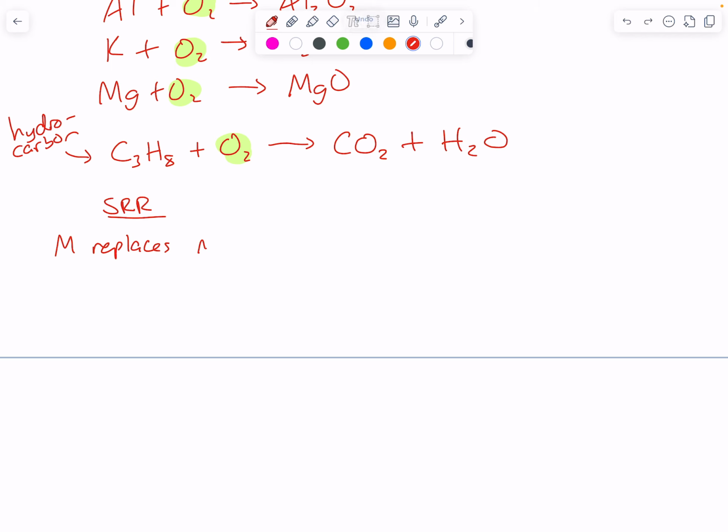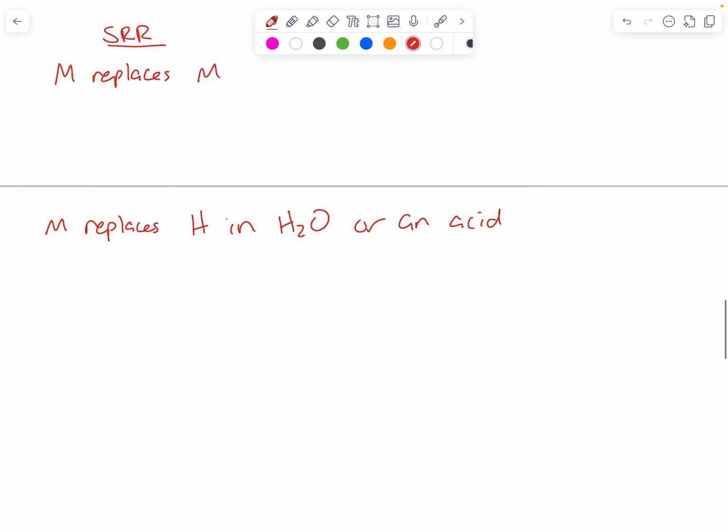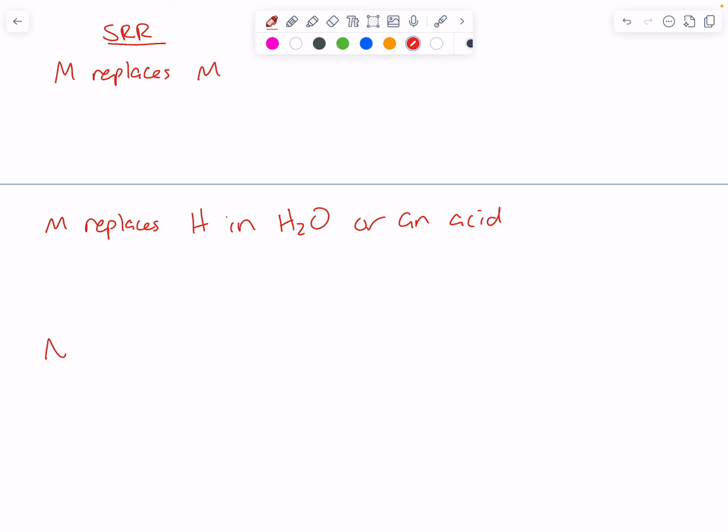Hydrogen in H2O, or water, or an acid, is replaced by a metal. And a non-metal replaces a non-metal. Three types.